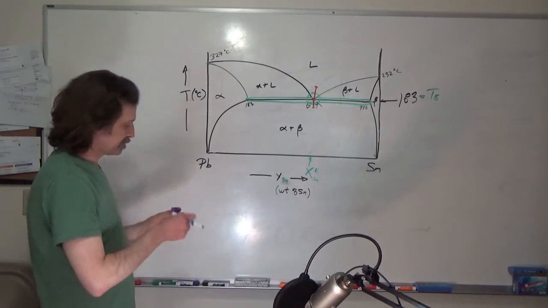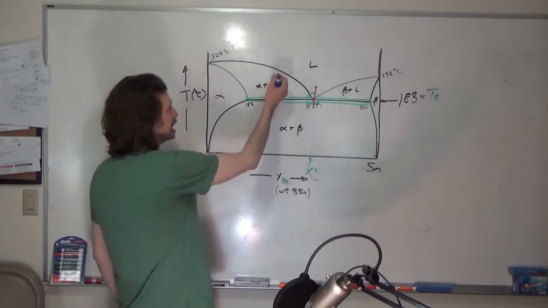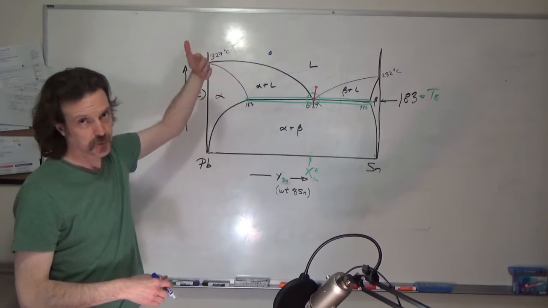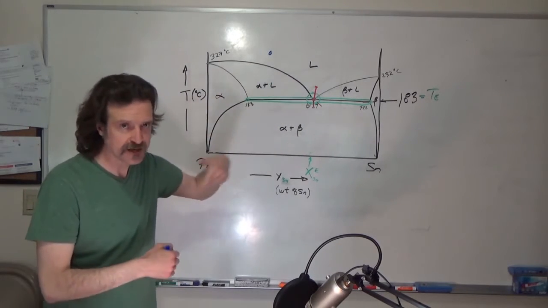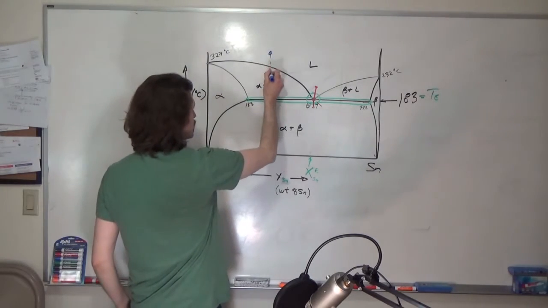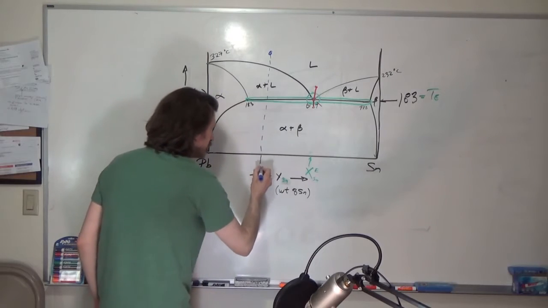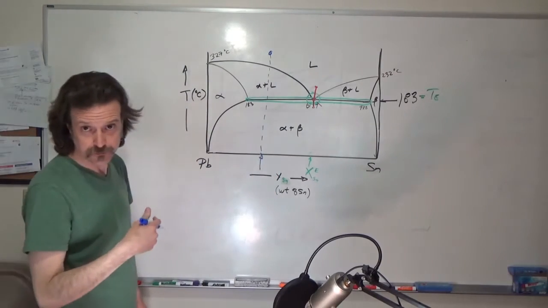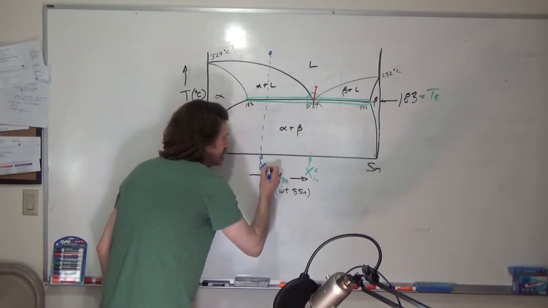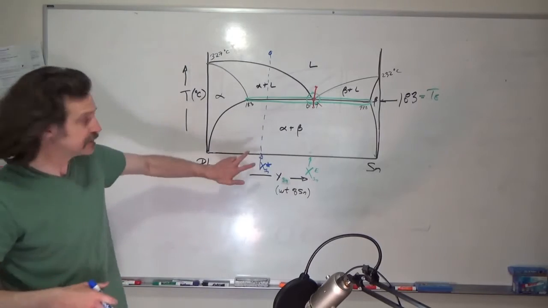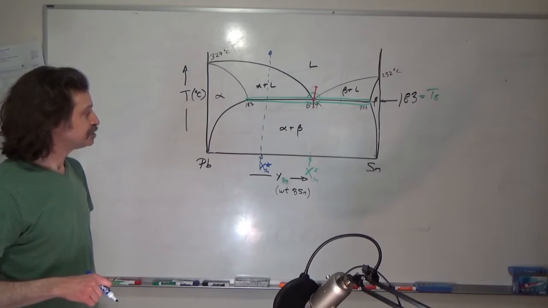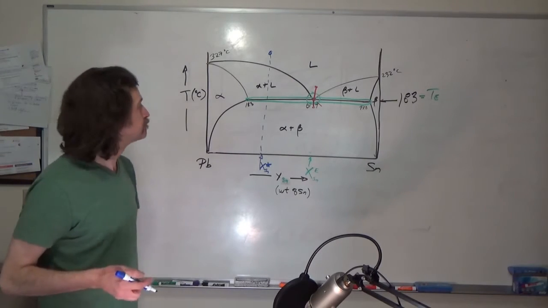So for example, if you're in a single phase region, it's 100% of that phase, only one phase, and the composition is exactly the composition that you have in the system. In this case, X_Sn star. So I'm using star again to denote the composition that we put into the system.